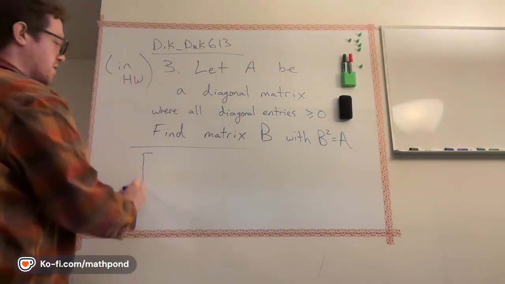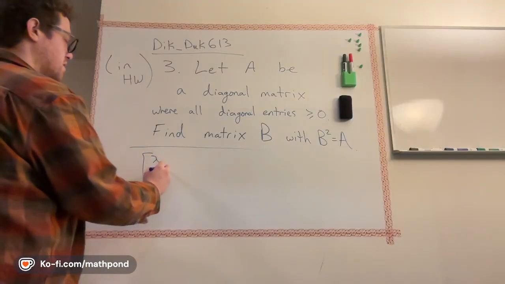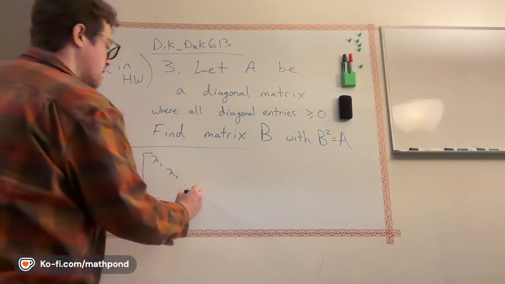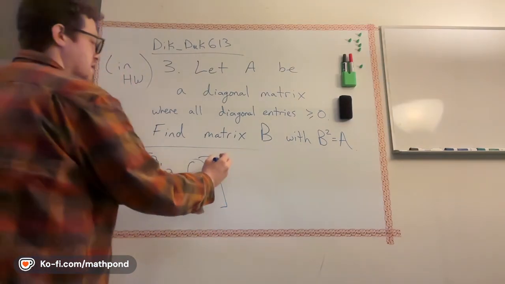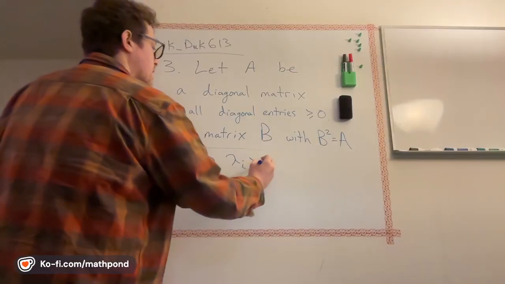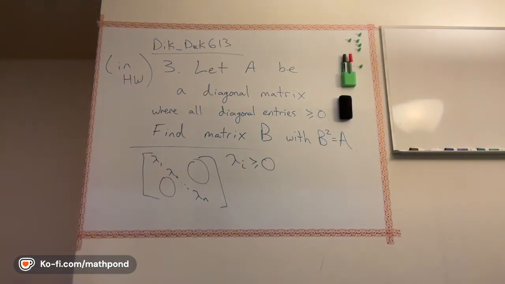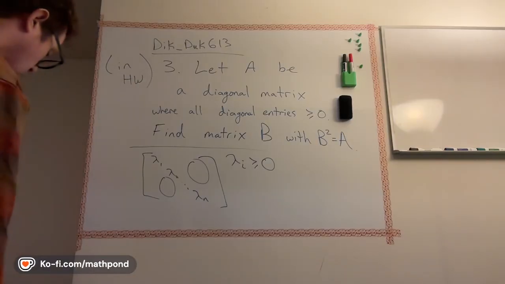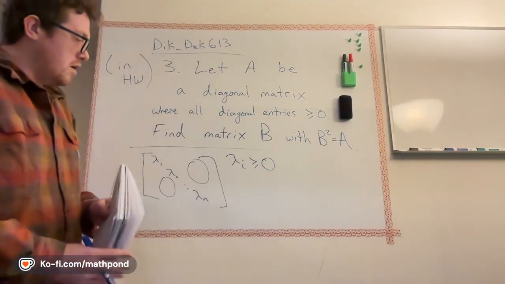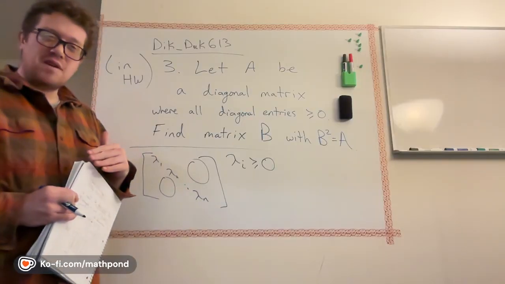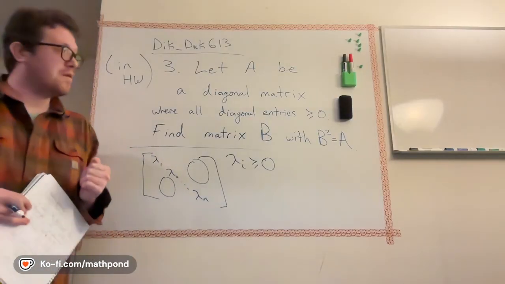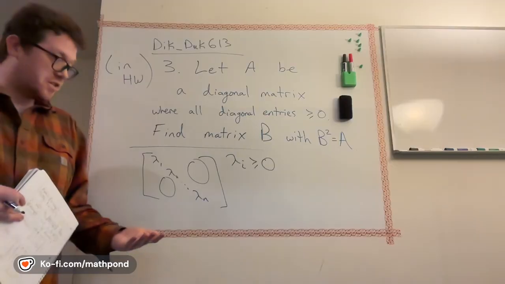Right, so we have some matrix that looks like this: lambda 1, lambda 2, lambda n, and all the off-diagonal entries are 0, and we know that the lambda i's are all greater than or equal to 0. Okay, so I guess this is either obvious or not obvious depending on how comfortable you are with matrix multiplication.